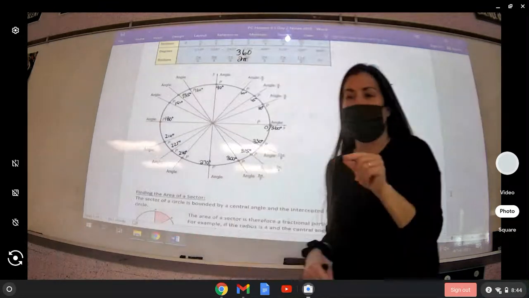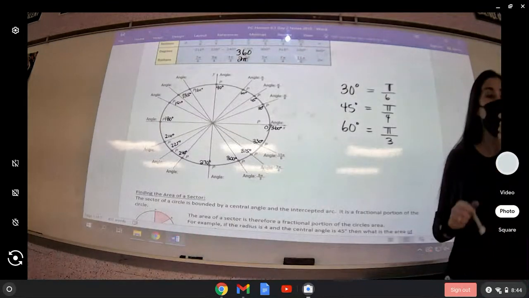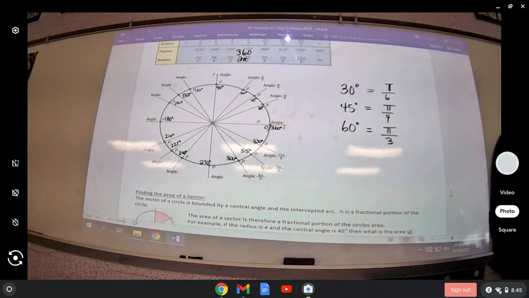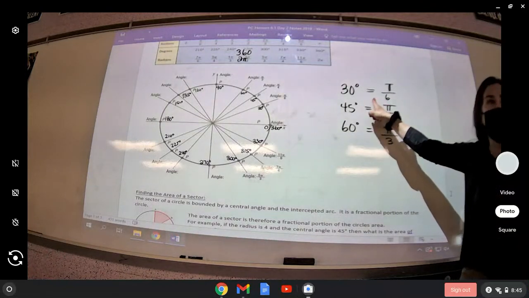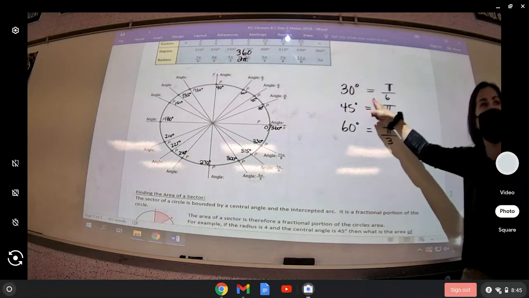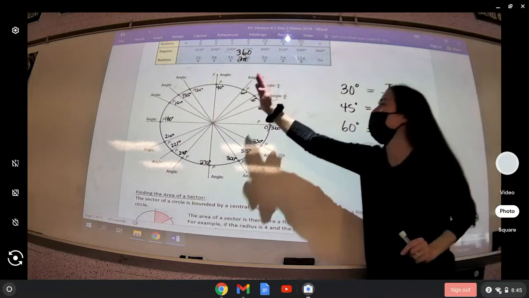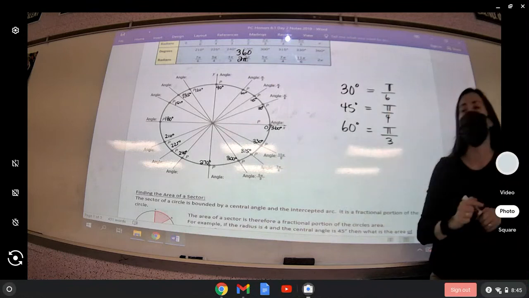So 12 30-degree angles bring you all the way around the circle. So that's how I'm going to have you label your radian measurements. We're going to count it off by pi's over 6. 1 30-degree angle, 2 30 degrees, 3 30 degrees, and you'll see all the measurements in radians carry over.